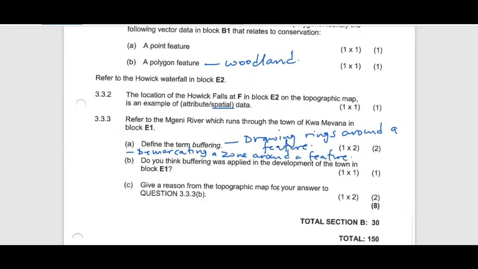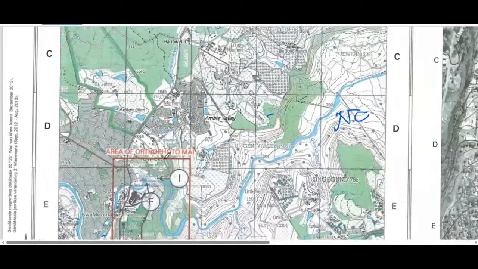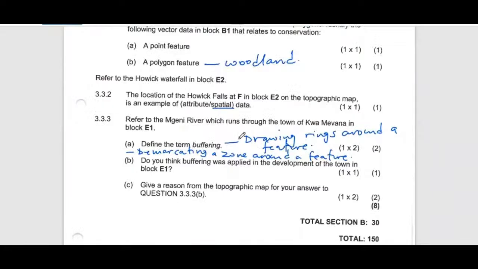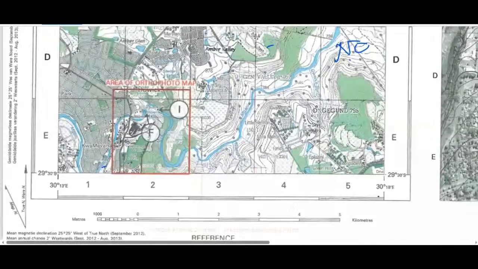So number B, do you think buffering was applied in the development of the town in block E1? Let's go and check. Block E1. Do you think buffering was applied in development? That's the question. Development of the town in block E1. Do you think buffering was applied here?